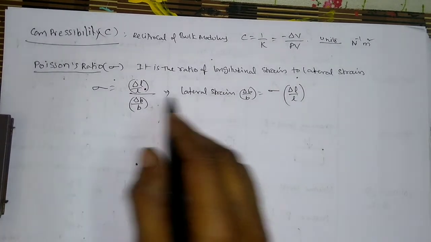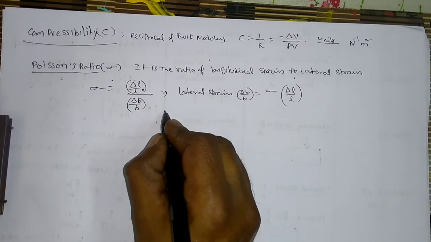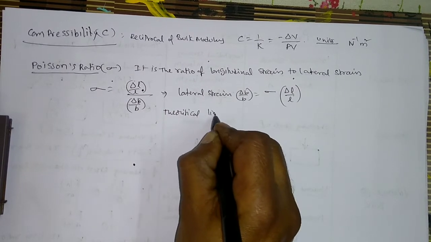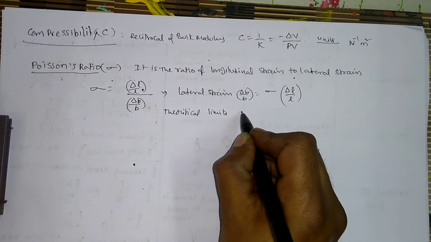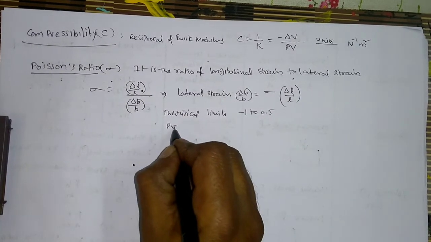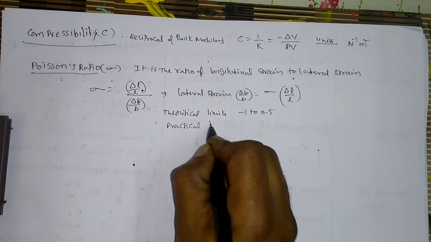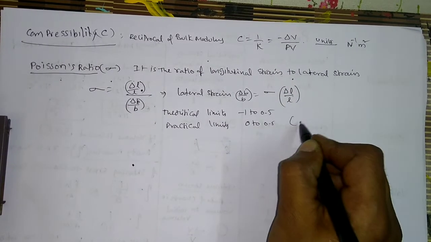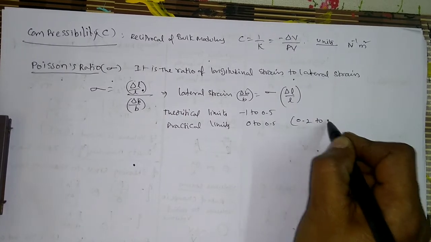Poisson's ratio, this value will be a theoretical value. Theoretical limits, which are assumed, are minus 1 to 0.5. Practical limits will be 0 to 0.5. In some books, you can say 0.2 to 0.4.